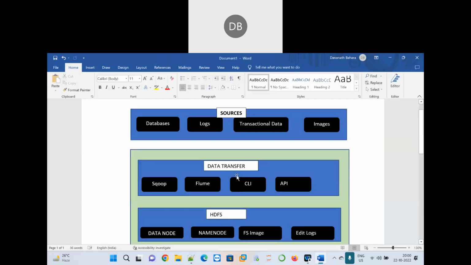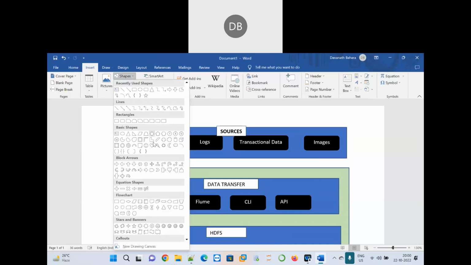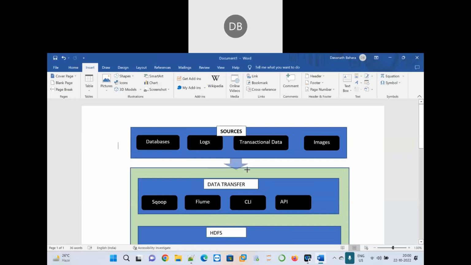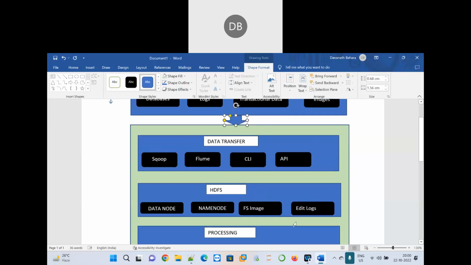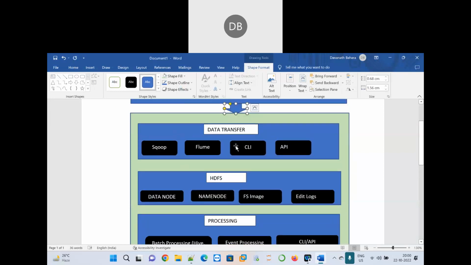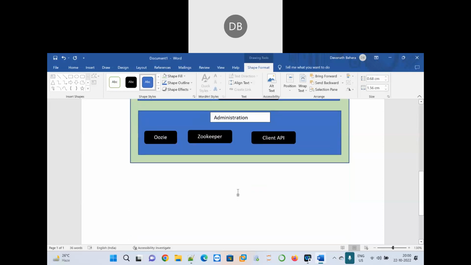Each one's data is available in our system. Means under the Hadoop framework, these are the different layers according to the components we are going to use. Okay.